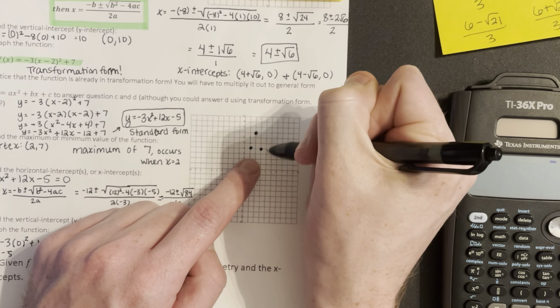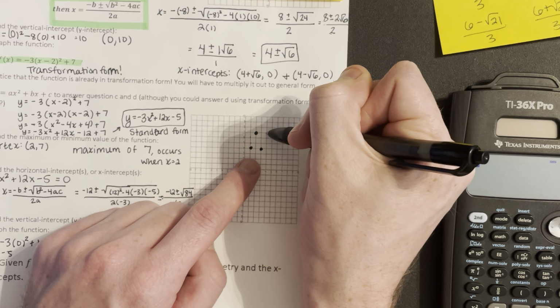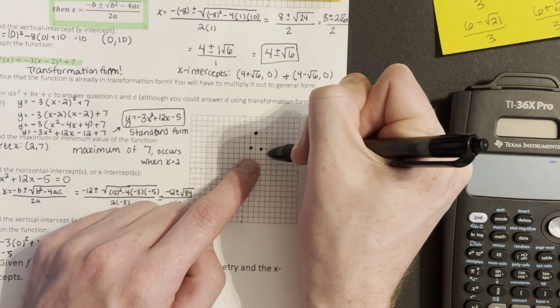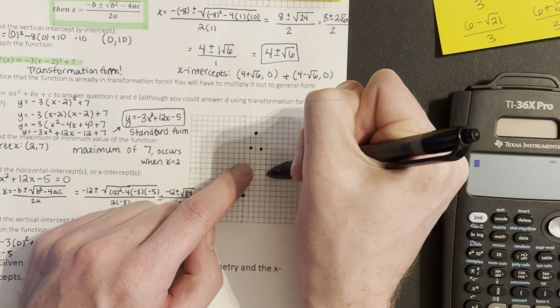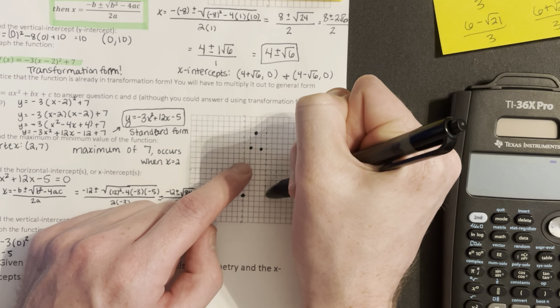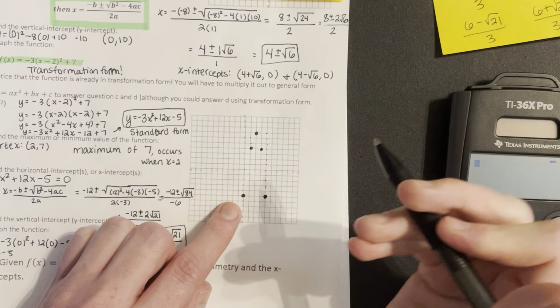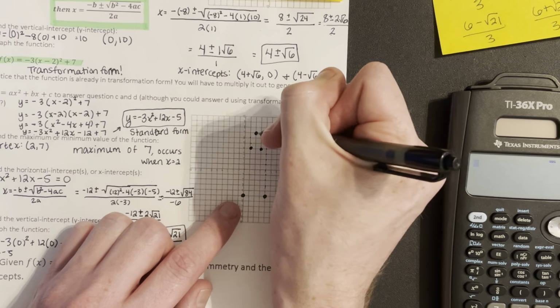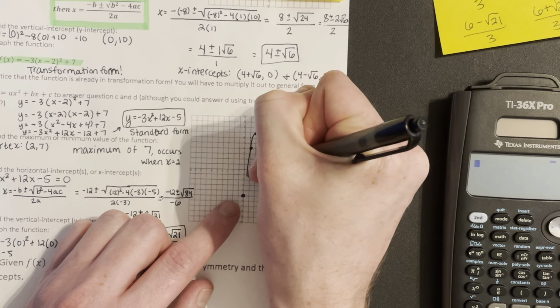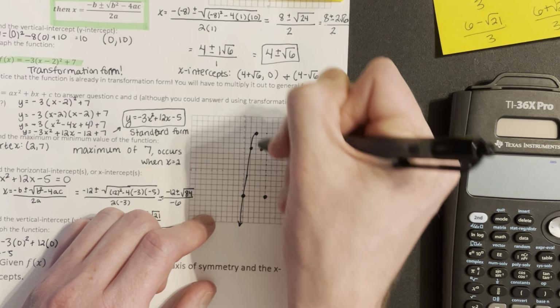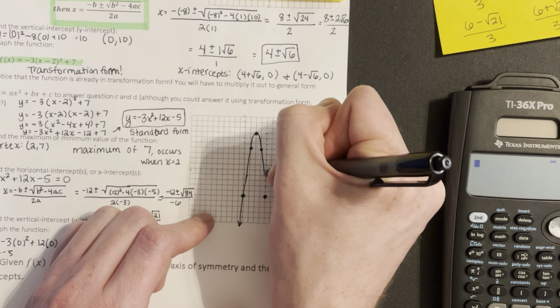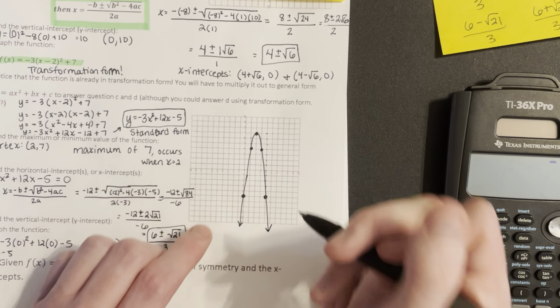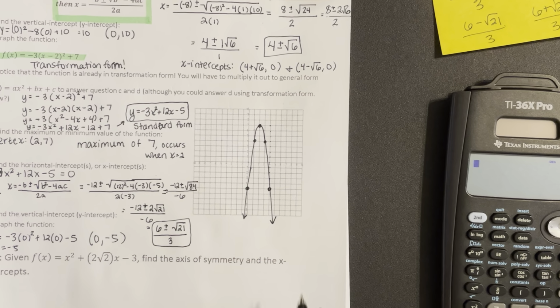So 4 times 3 is 12, so I'm going to go out 2 from the vertex and down 12. If we do it on the other side, you'll see you end up at the y-intercept. So I have enough to make a sketch here. And our graph is really skinny because it had a very steep vertical stretch.